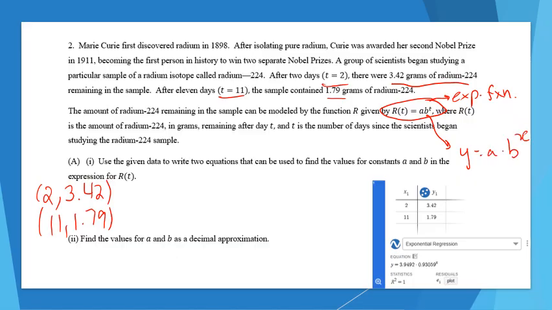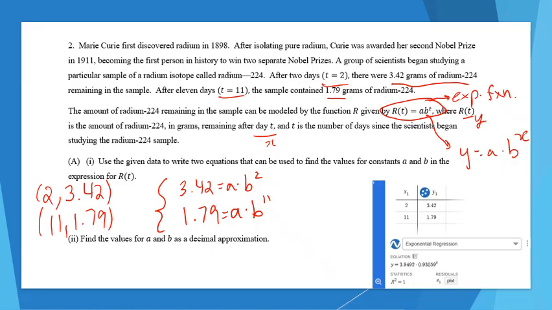So we can plug in our x, y coordinates for x and y there, because our x variable is time t, and our y variable is the amount of radium left. So plugging this in, we should get 3.42 equals a times b squared. You can just leave it like that. And then 1.79 equals a times b to the power of 11. So that is perfect there. That's our answer to part A.